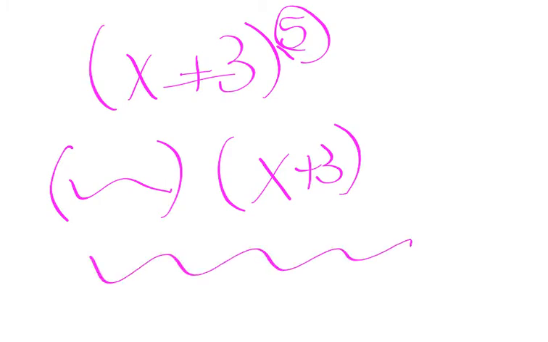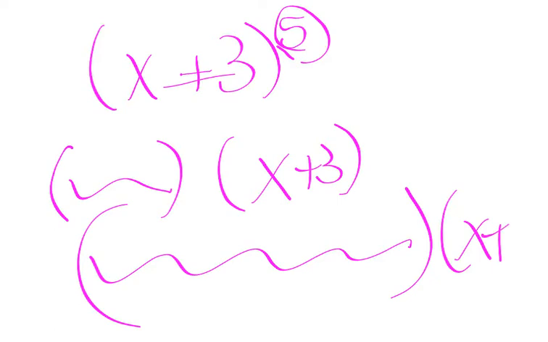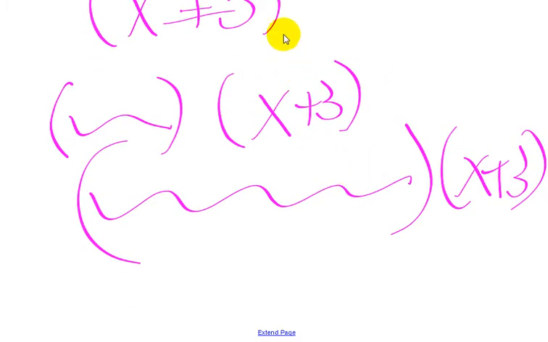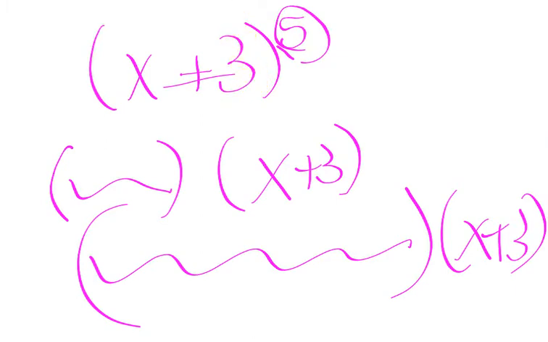Then we get 4 terms that we have to multiply by x plus 3. This would be very tedious and very long. There would be so many small calculations and combining like terms that it's very likely we would make an error.